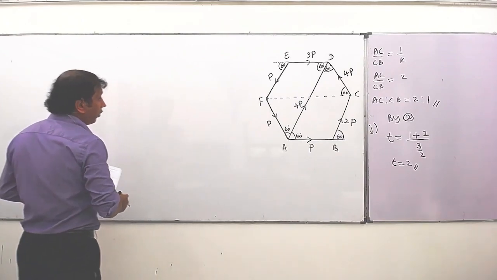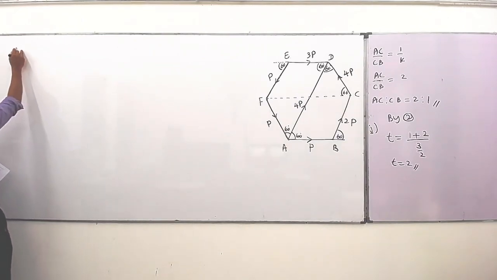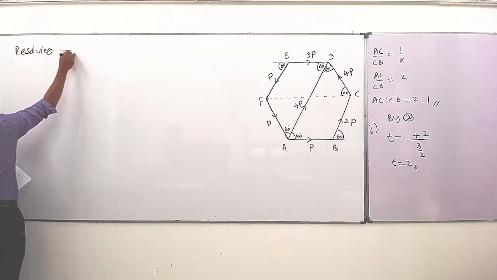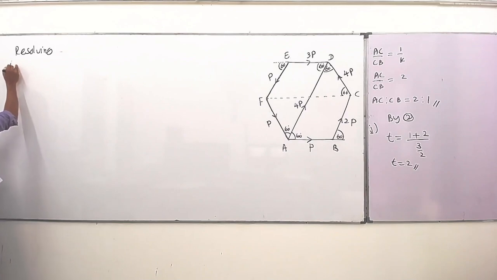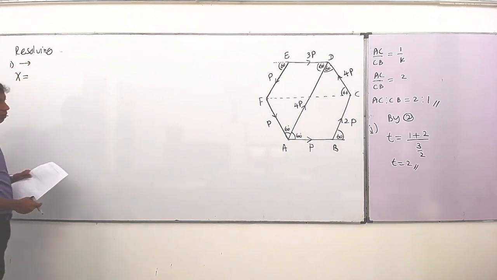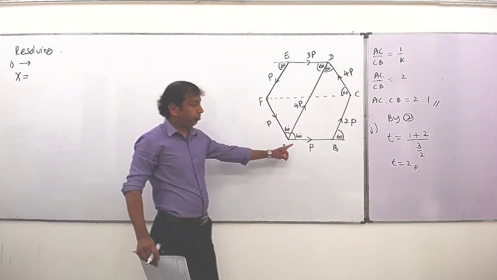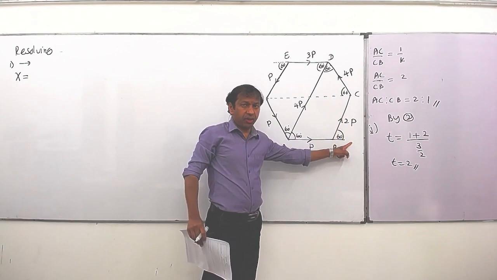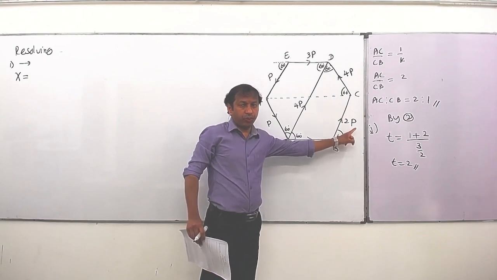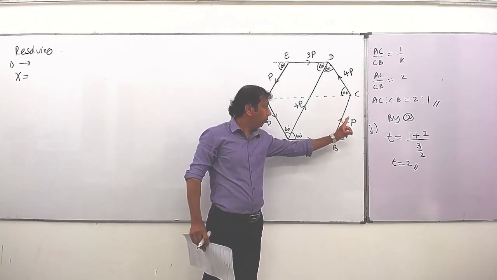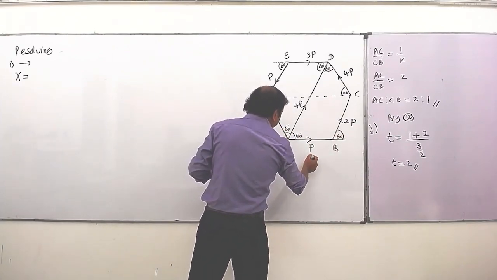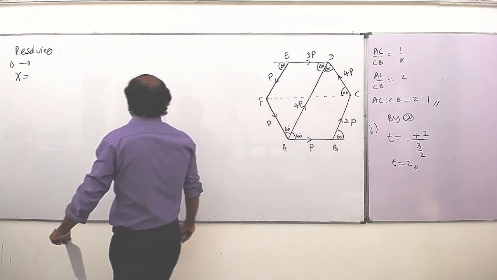Right. We'll resolve the forces. Resolving first rightward. We take X as the algebraic sum. Here we get P, 2P cos 60, cos 60 is half. 2P into half is P. Then P plus P is 2P plus P. 2P.